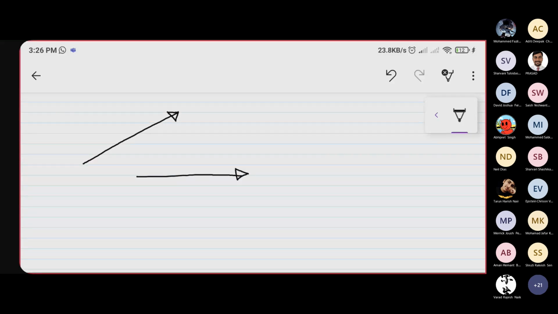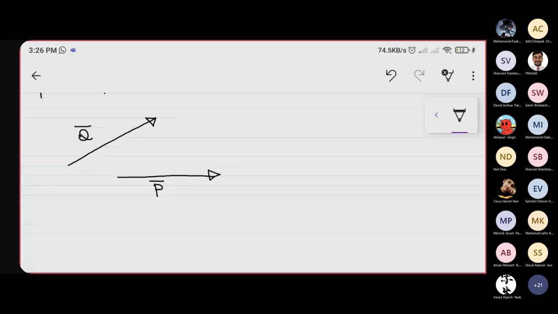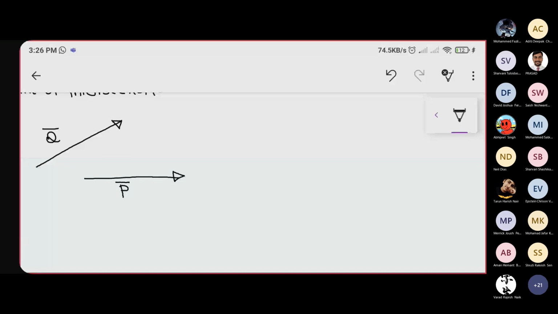You can consider any direction. I give them P bar and Q bar. These two forces we can represent by two sides of a parallelogram, with magnitude and direction. So we will not change their magnitude, and we will not change their direction.